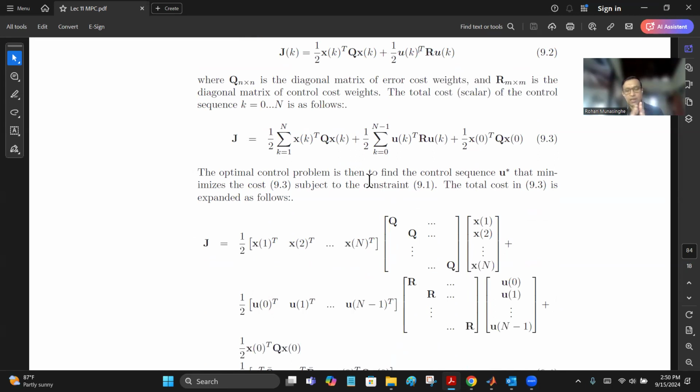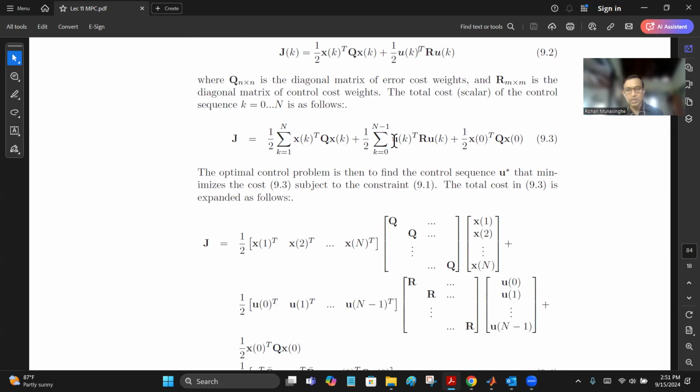Now, if you look at the entire sequence from time 0 to time capital N, you have to evaluate this cost and add them together. That is equation 9.3. If you look at the first term, k equals 1 to n, that is the state cost, the summation of all of these, plus k equals 0 to n minus 1, because the control signal goes from 0 to n minus 1.